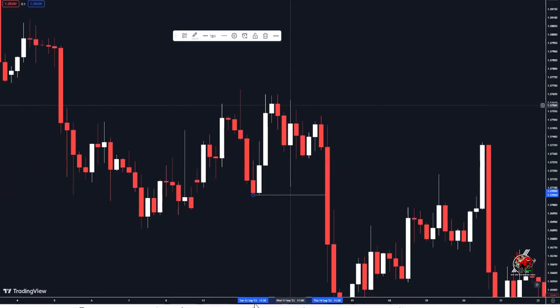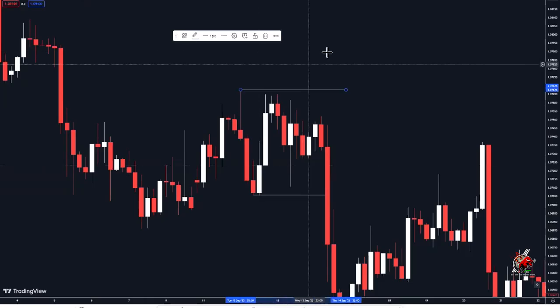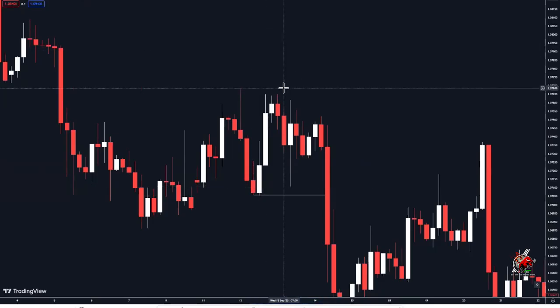But then note something, the market didn't break what? Didn't break this high right here. The market didn't break here. So if the market didn't break structure, but it's still trading within this leg that created this order block, we can clearly say that the market is just consolidating, right? Until it expands to either one of the directions, either to the downside or the upside.